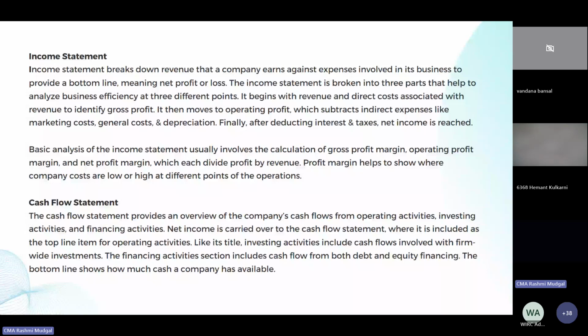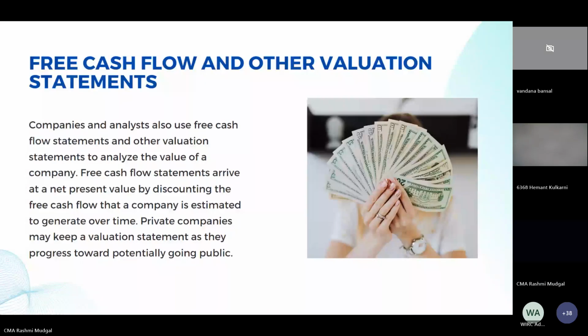Like its title, investing activities include cash flow involved from the firm-wide investment. From the financing activities, we are getting cash from either debt or equity. Whatever we are getting from there, we put into financing activities. The bottom line shows how much cash a company has available. So these were the statements.